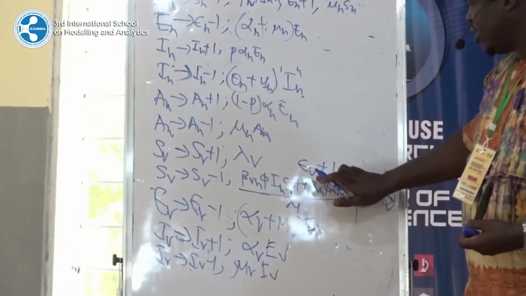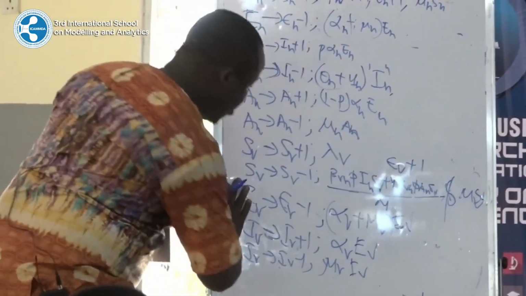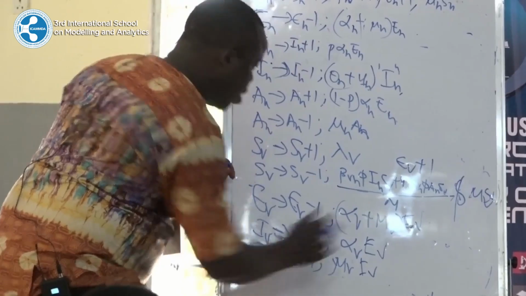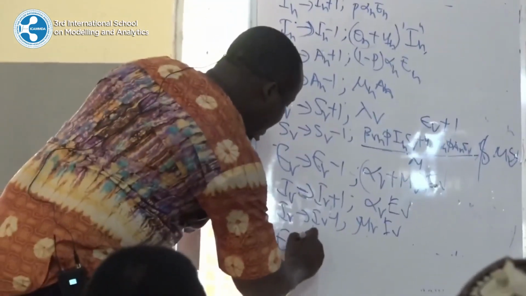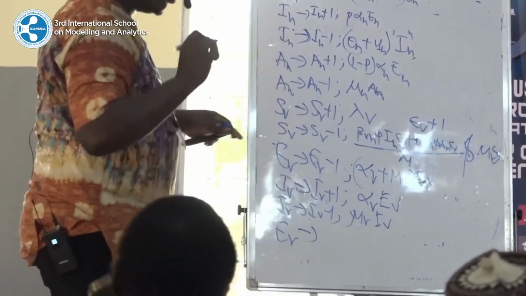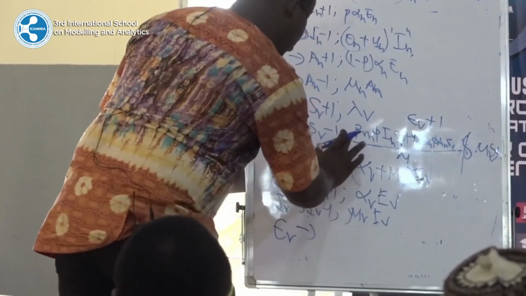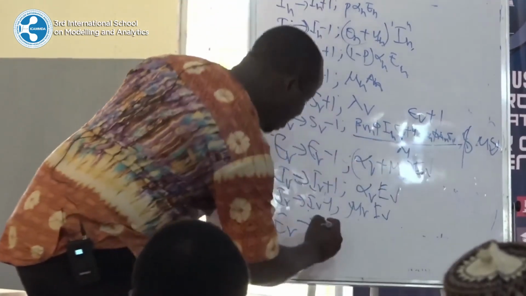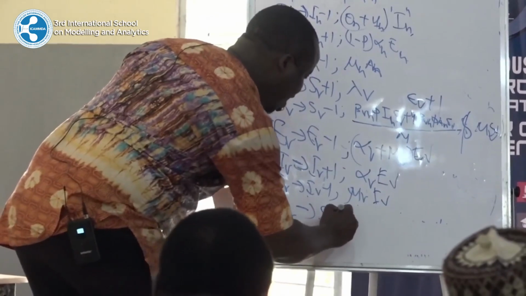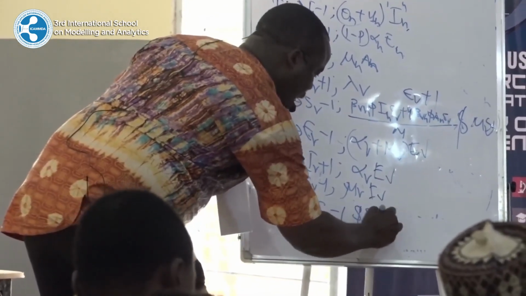Oh, okay. Yeah. So what will have happened is this. Maybe for EV plus 1 for EV, right? We are going to have SV minus 1 and EV plus 1, right?